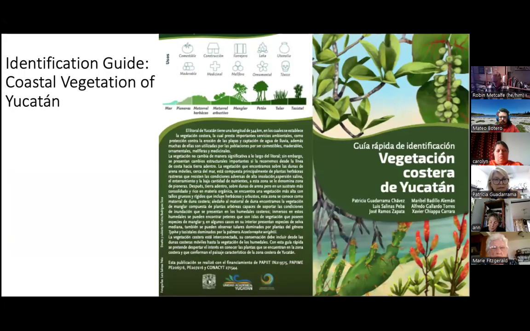It's important to include information about each plant species, where it is distributed along the coast. It's important to know if the plant stays in the first dunes or farther into the coast.